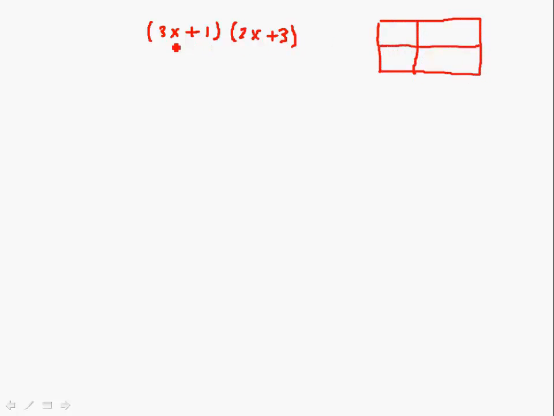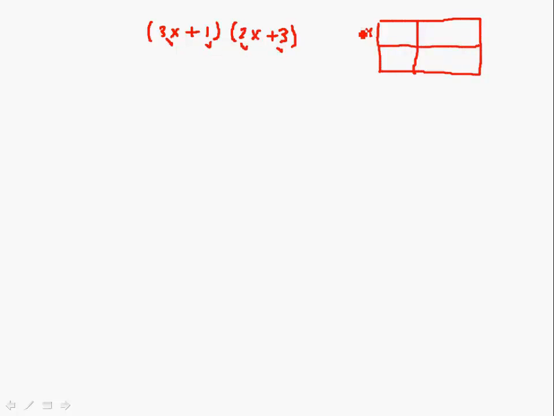So if you have two binomials like 3x plus 1 times 2x plus 3, to remember how you can multiply it, 3x will be multiplied by 2x and multiplied by 3. 1 will be multiplied by 2x and multiplied by 3. But to remember, draw a rectangle and divide this rectangle into 4 elements, 1, 2, 3, 4.